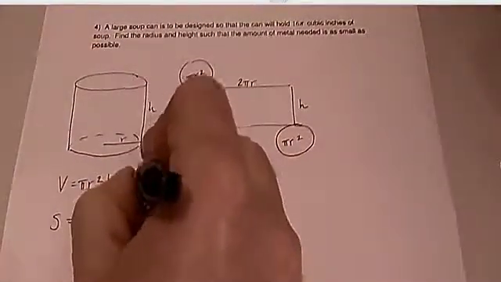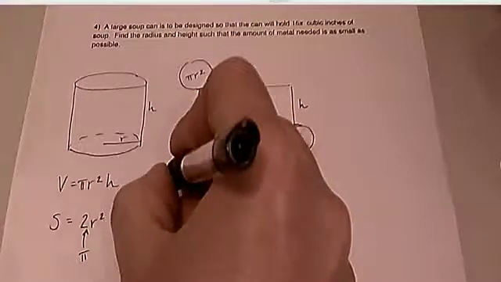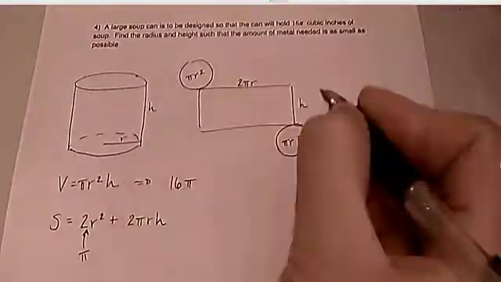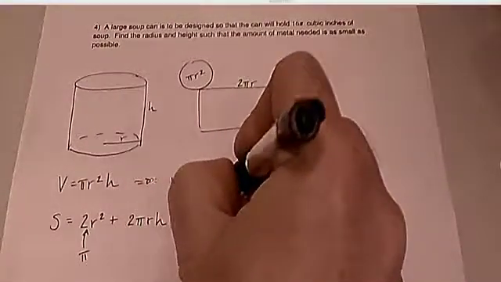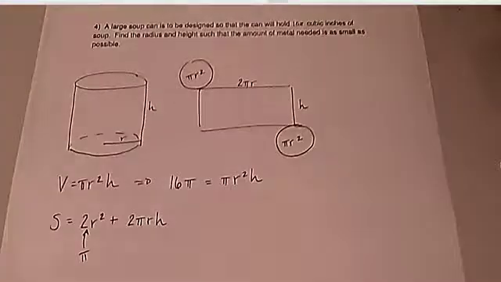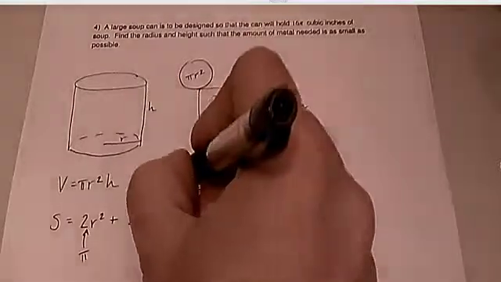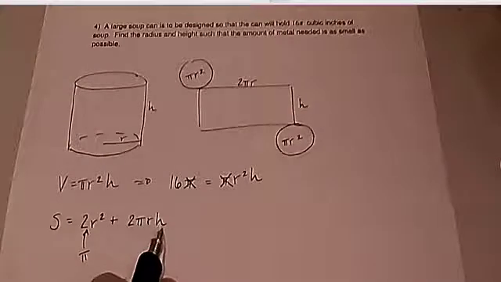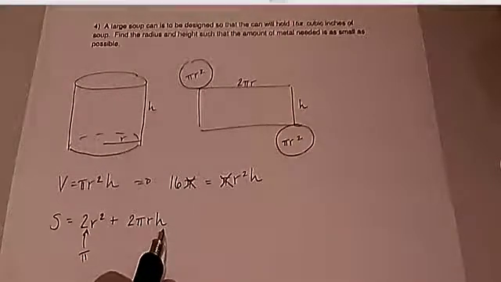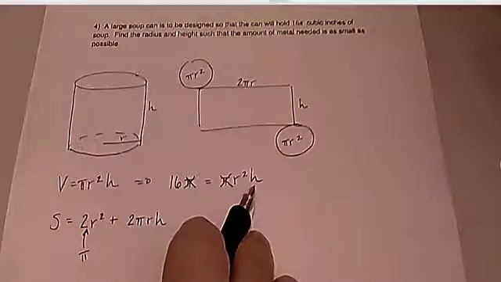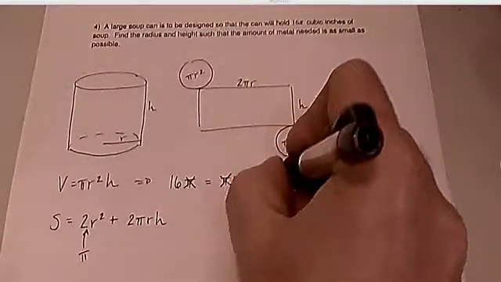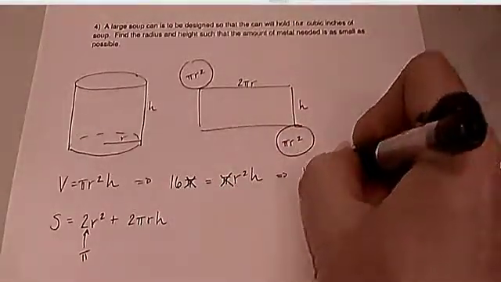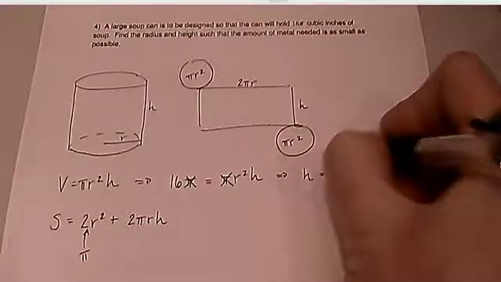So what we need here is we need to know that the volume needs to be 16 pi, so pi R squared H, that's what that needs to be right there, okay? Obviously, the pi's can cancel out, and here I have everything in terms of R except for that lone H. So it's probably a good idea to go ahead and use this to solve for h. So h is equal to 16 over r squared.